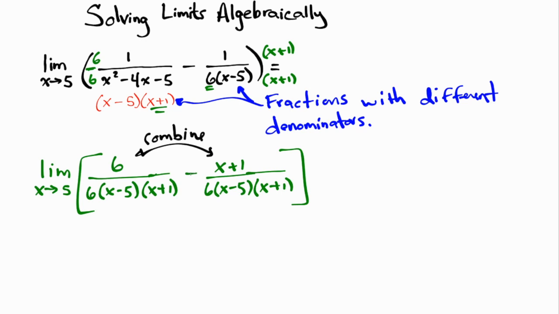And the part that students sometimes botch up is this minus. This minus has to distribute over the numerator. So this limit, as x approaches 5, becomes 6 minus x minus 1. And because we're combining it, we can put it all over the same denominator.